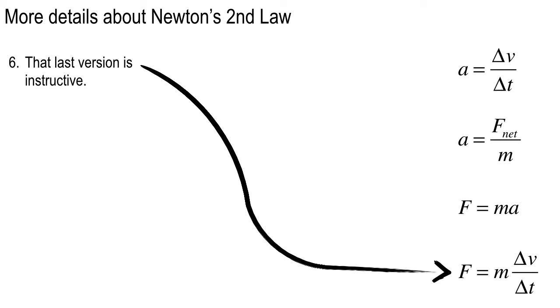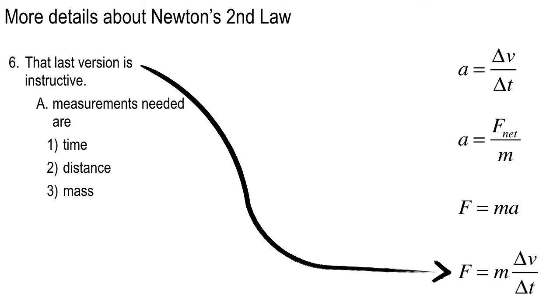And if you think about it in terms of measurements, you need time, distance, and mass measurements. You need time and distance to get delta V. Delta T is a time measurement, lapse time. And the mass M in kilograms is basically something that you get from a balance, at least initially.